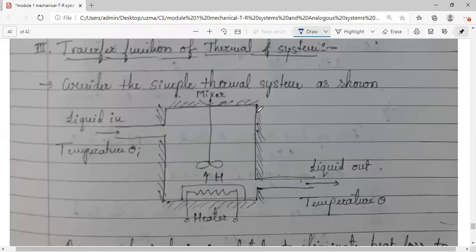You have a vessel here. Okay, a tank, consider it a tank. These lines I'm showing indicate insulation. First of all, think that this is a thermal system. Thermal means heat and temperature come into the picture.